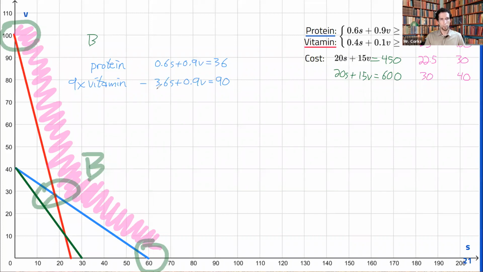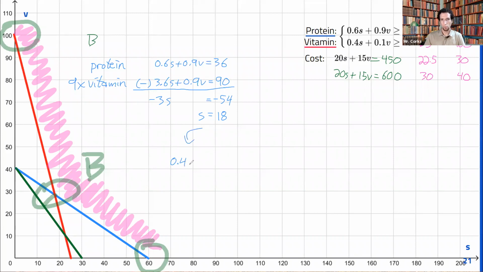We are subtracting because we have the same sign on the V's. So we will get negative 3S, and here on the right, what are we getting? Negative 54. So S is equal to 18. Okay.